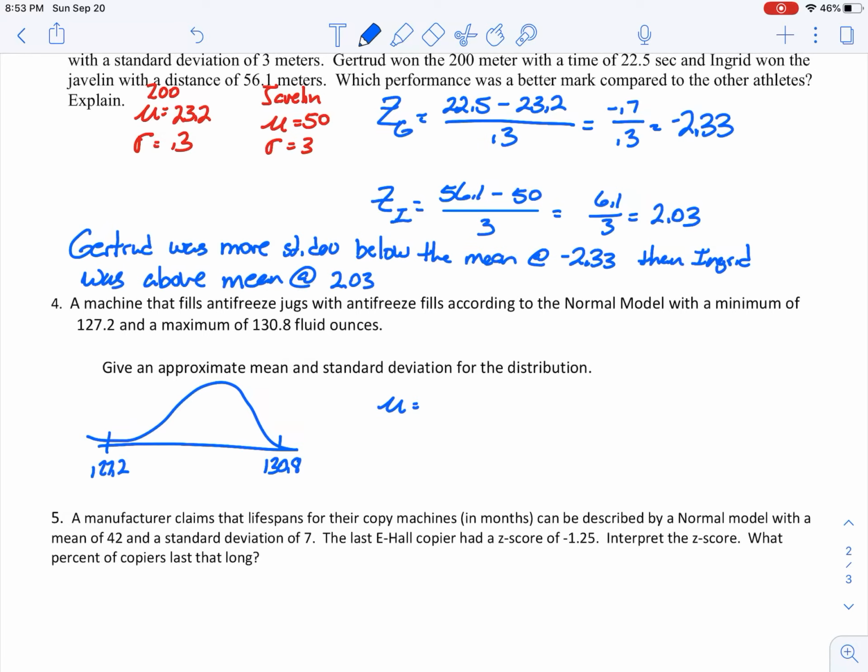We haven't done anything like this, but we should have the skills to do it, because we know the mean is going to happen right in the middle. So I'm going to find an average of 127.2 and 130.8, and that will tell me what an appropriate mean would be.